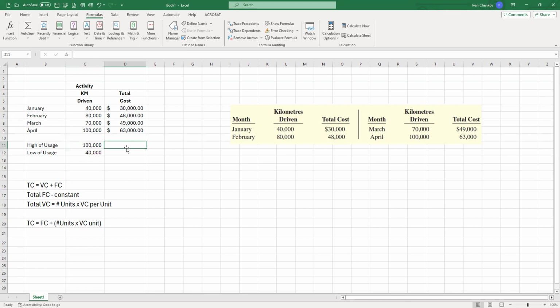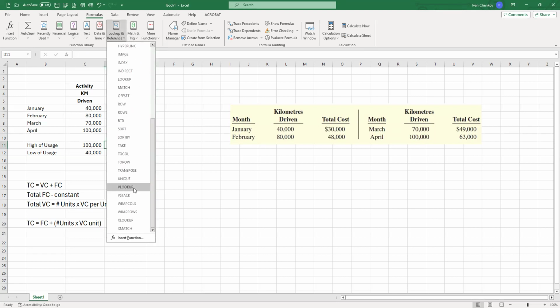Now, I have to get the cost associated with that level of usage. So my total cost at that level of usage is $63,000, right? In order not to make a mistake, you can plug in the formula again. Go to lookup and reference and go to the vertical lookup formula.